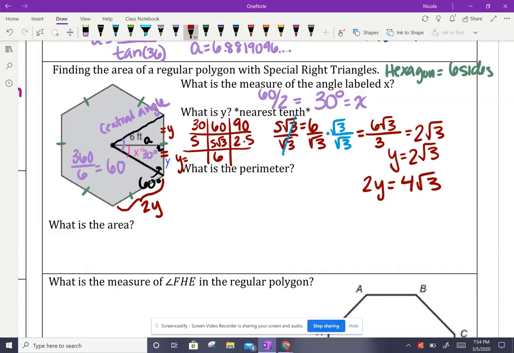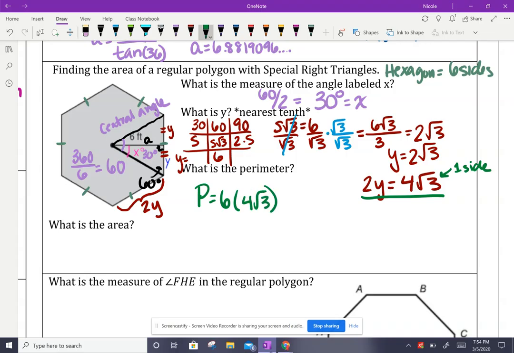Next, I need to find my perimeter. For the perimeter, we are going to take 6 sides times my 2y, which represents one whole side, and multiply them.